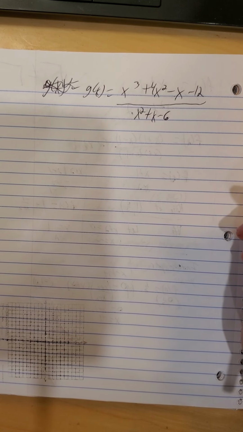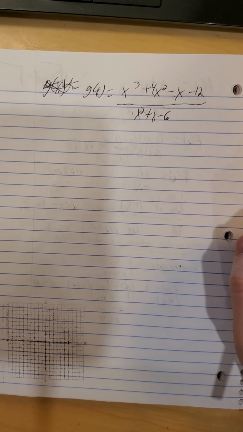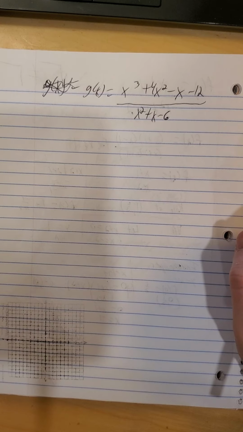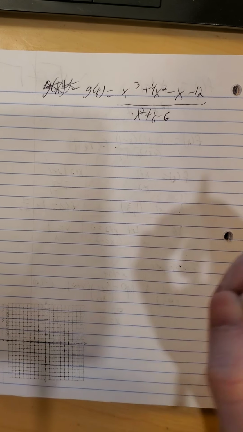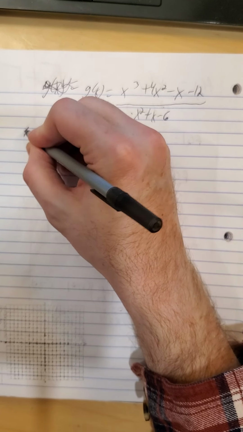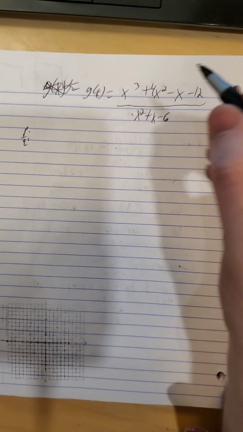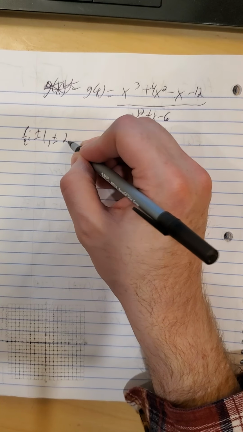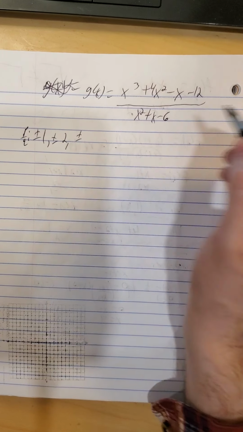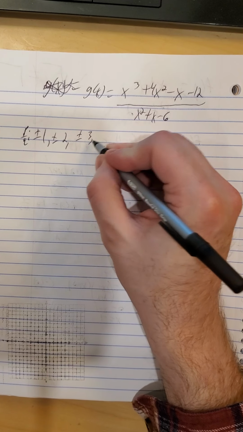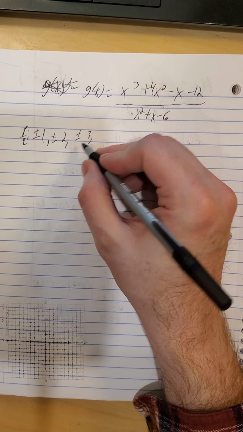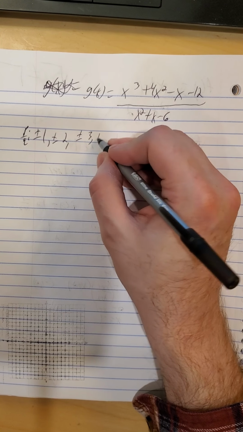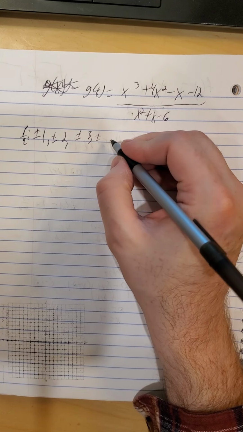Okay, so first we're looking to see if we can factor that numerator. So possible rational zeros, p over q: plus or minus 1, plus or minus 2, plus or minus 3. Since they're all over 1, I'm just looking at the factors of p.